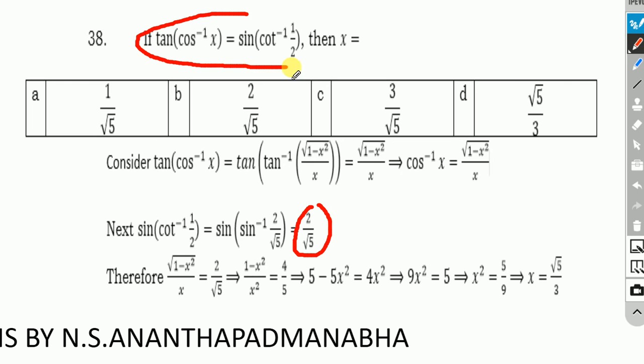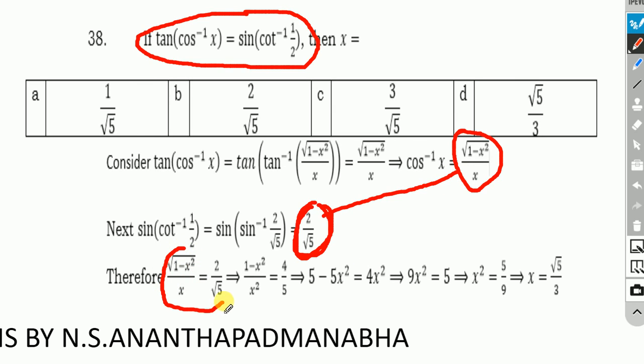Root of 1 minus x square by x will be equal to 2 by root 5. So these two will be equal. So therefore root of 1 minus x square by x is equal to 2 by root 5 implies 1 minus x square by x square equals 4 by 5. That is, we will be squaring on both sides. Root of 1 minus x square, when you square you will get 1 minus x square, x becomes x square, 2 becomes 4, and root 5 will be 5.